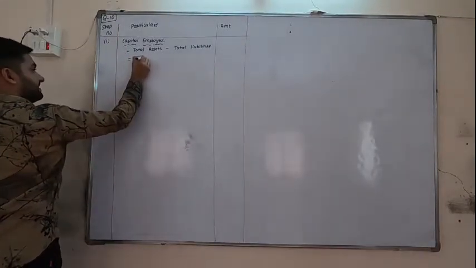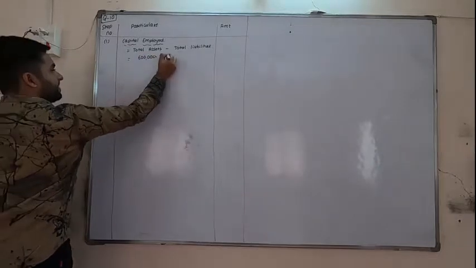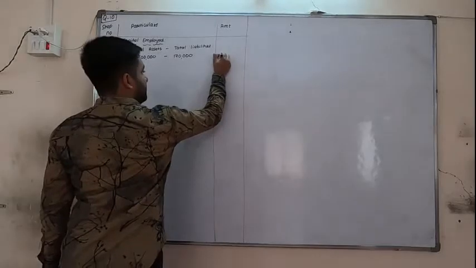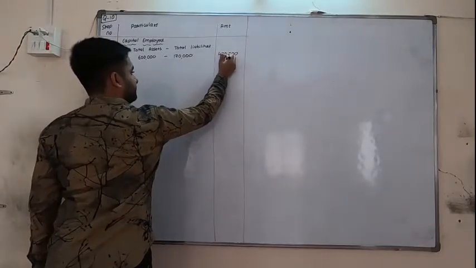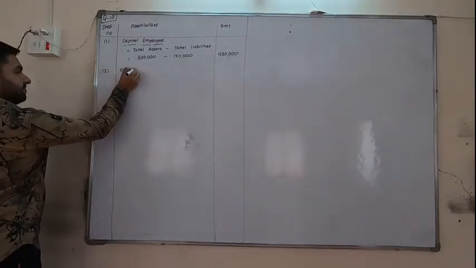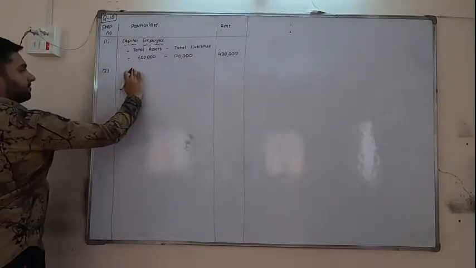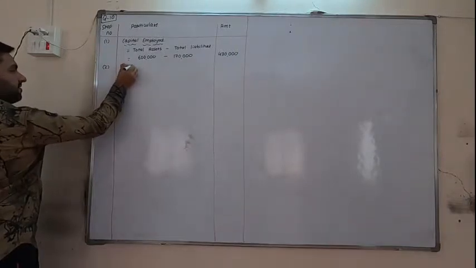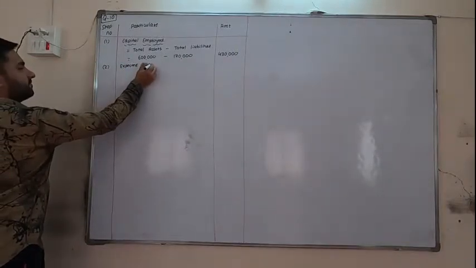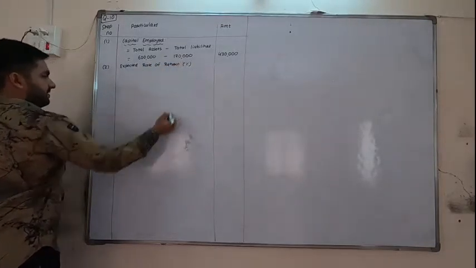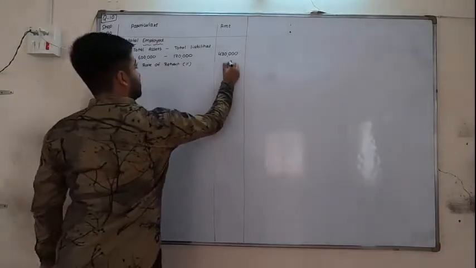Assets are 6 lakhs, liabilities are 1,70,000, so it will be 4,30,000. Second step is expected rate of return in percentage. It is 10%.